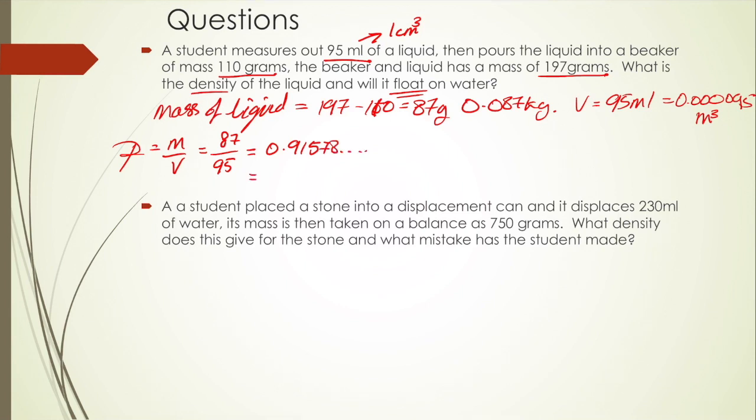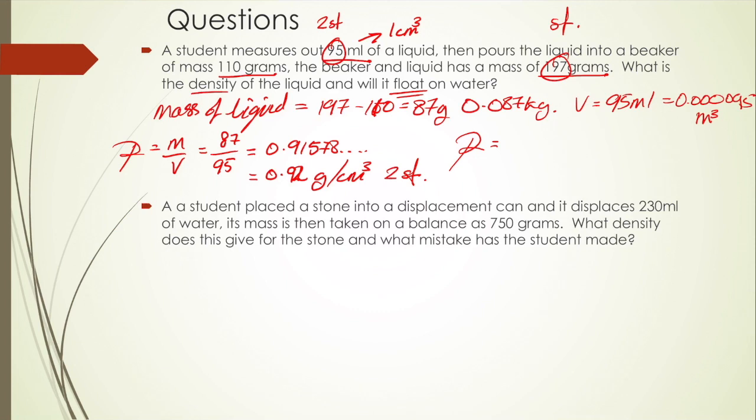We're working to 2 significant figures here, and we've got 3 significant figures there. So we'll go with 2 significant figures: 0.92 grams per centimetre cubed, if I'm not asked to be any more accurate.